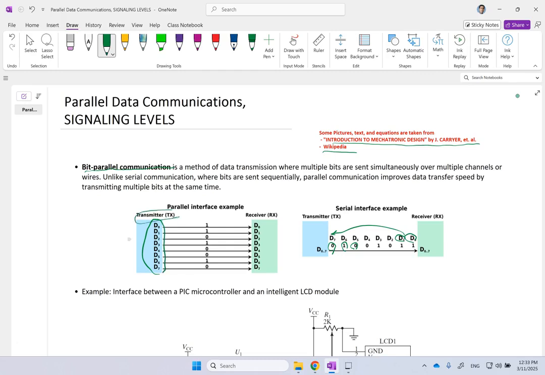From your transmitter to your receiver, TX to RX, you might send 1 byte at a time, or 2 bytes, or several bytes, so many bits at a time. You do it with several wires or several channels. This can definitely improve the speed, of course, because you're doing it all at the same time.